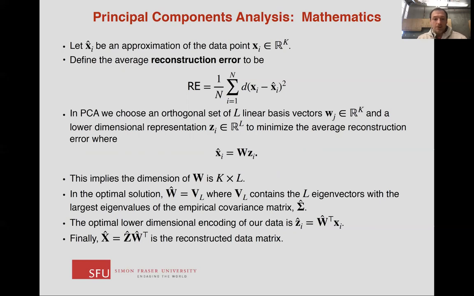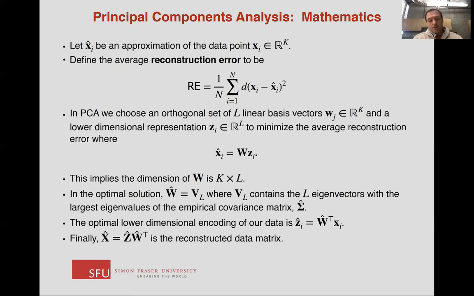As we said before, the dimension of W would be k by l. And if we solve this optimization problem, which we won't do in this class, you'll just take the answers as given. We see that in the optimal solution, W, this transformation matrix, contains the L eigenvectors with the largest eigenvalues of the empirical covariance matrix.